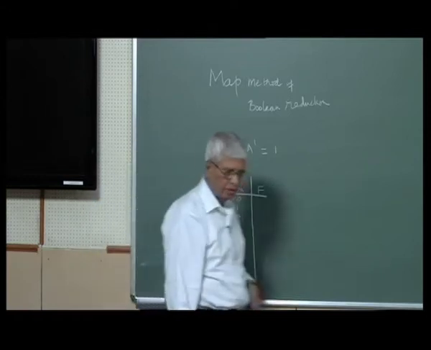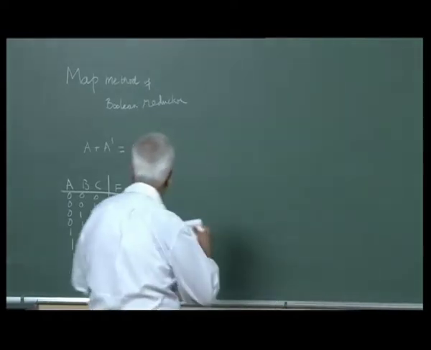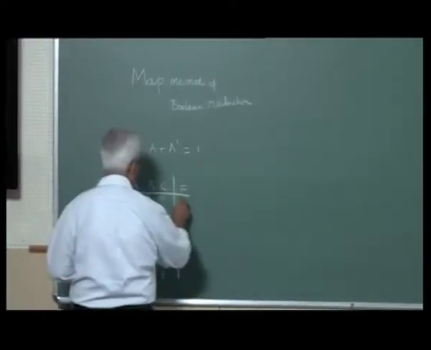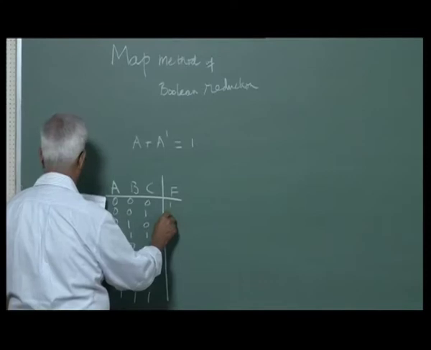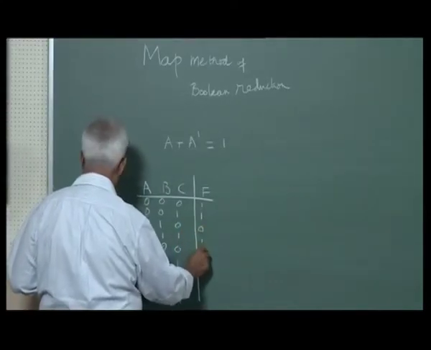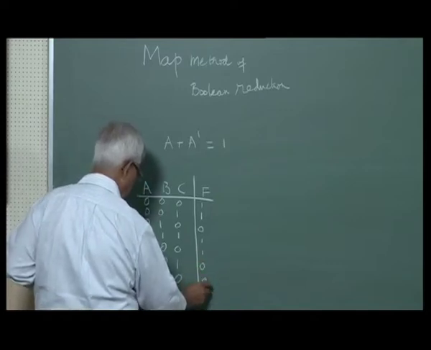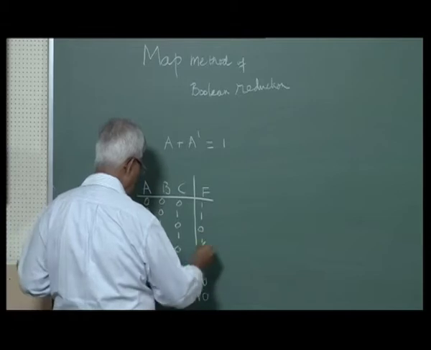And this is the function we did the other day. F is 1, 1, 0, 1, 1, 0, 0, 0.